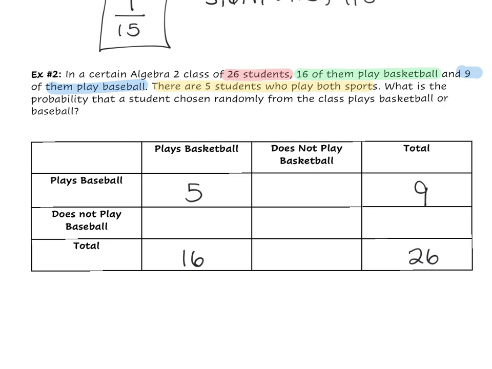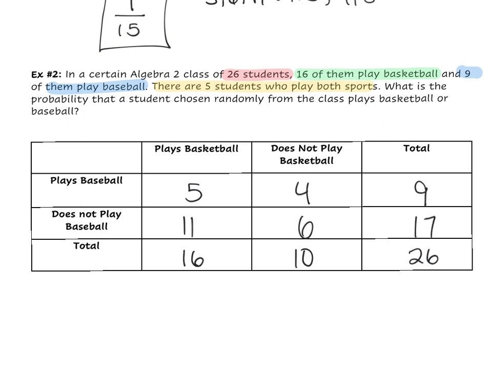And they want to know what is the probability that a student chosen at random from the class plays basketball or baseball. But before we can do that, let's fill in the rest of this two-way table. So take a minute, pause the video, fill in the spots, and then hit resume when you're ready for the answers. All right, here they are.